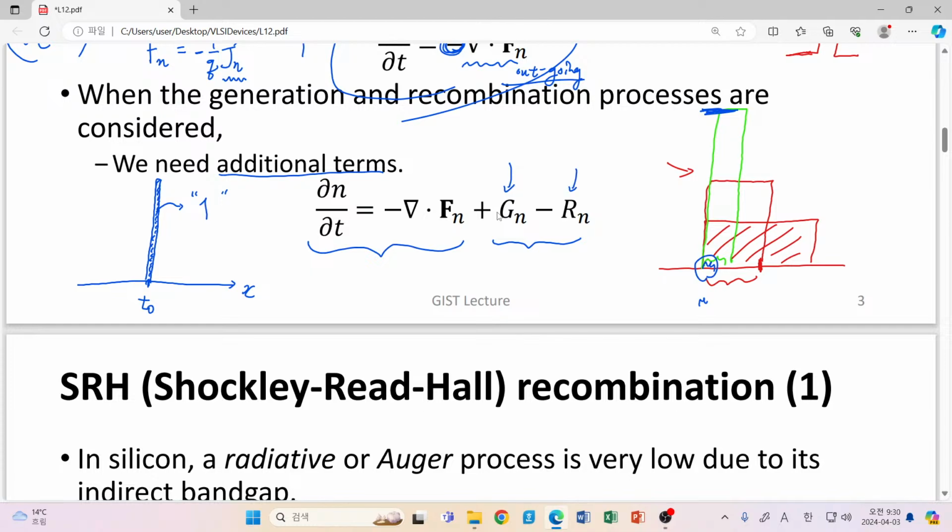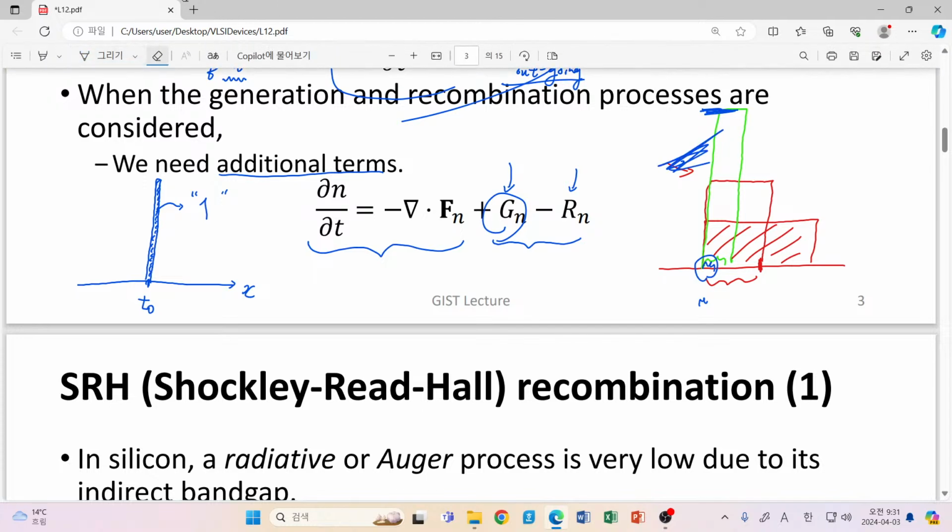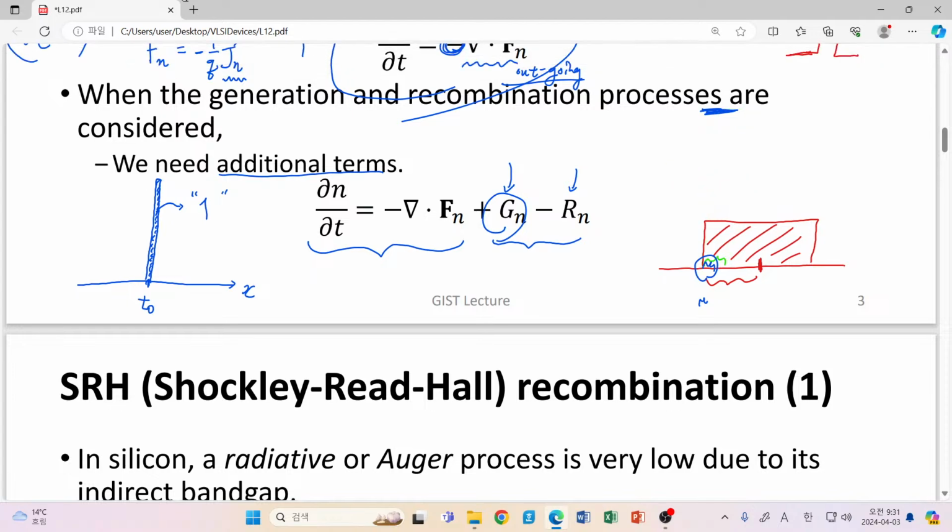So maybe you can ask me this question: electrons are elementary particles, so we cannot demolish them. So how can we generate electrons in our continuity equation? It is not possible. Yes, you are right. Electrons are elementary particles, so we cannot generate or annihilate them.